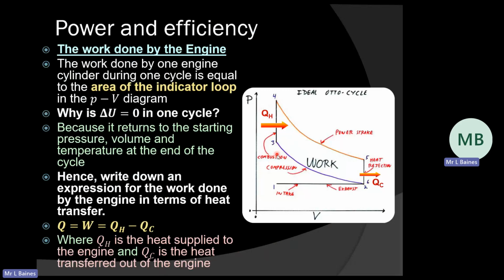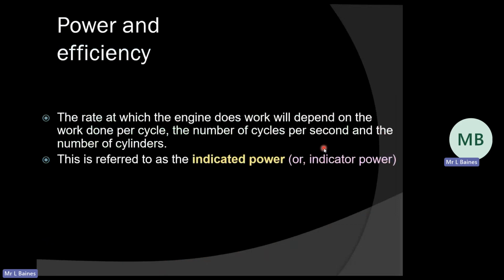So this diagram is for one single cylinder. So if I have 6 cylinders, I need to multiply that amount of work by 6 because there's 6 times the amount of cylinders. If there's 8 cylinders, I need to account for that as well. All right, important phrase here. This is what we call the indicated power, all right, because it comes from my indicator diagram.